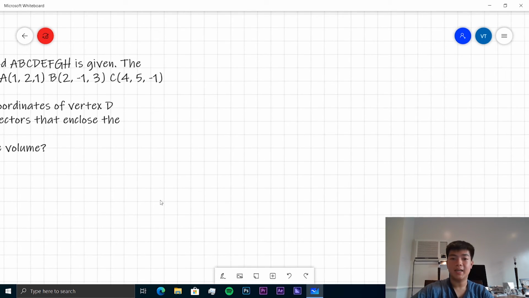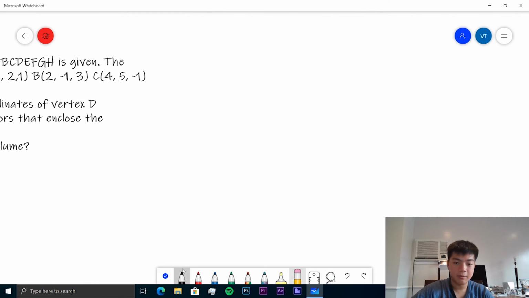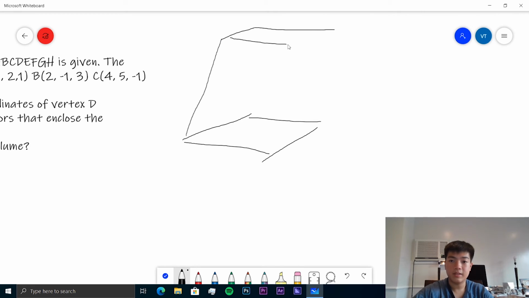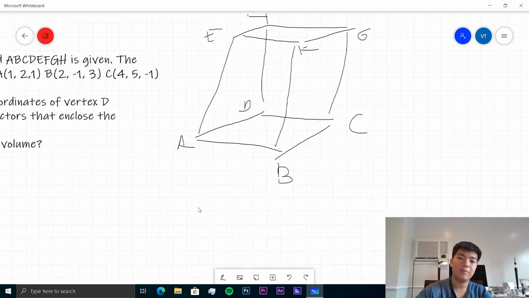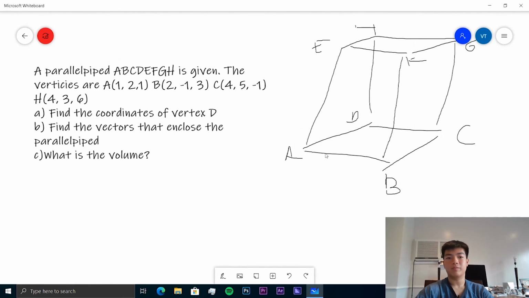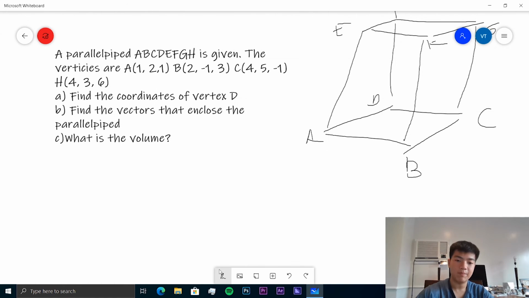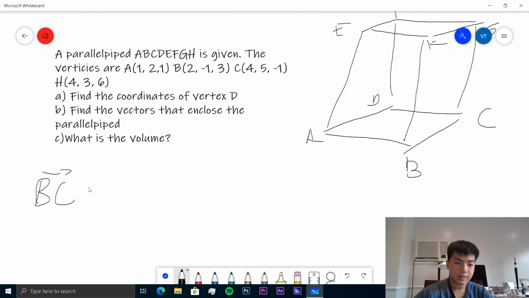Oh, so they've given us a diagram, which is handy because otherwise I wouldn't know which one is D. So we have over here A, B, C, D, E, F, G, H. And as you can see in a parallelepiped like this, we have A, B, and C, and so we can apply vector BC to A to get D. So vector BC is equal to 2, 6, negative 4.